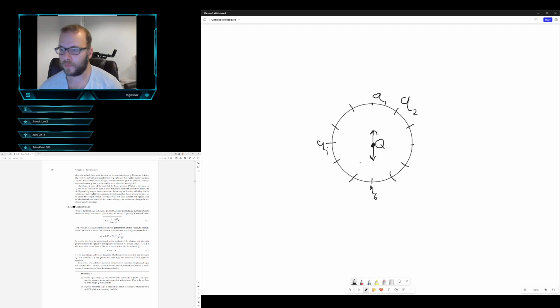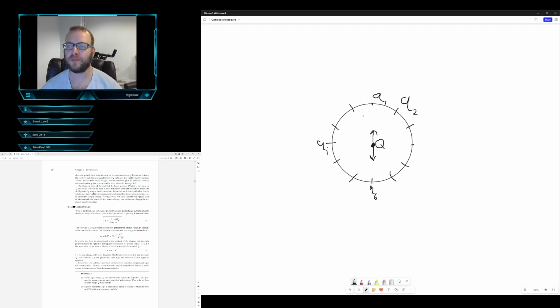So, because these are equal charges, and this charge doesn't change, these two forces are going to cancel out. Well, you can see by applying some symmetry that each of these components have an opposite component on the opposite side.